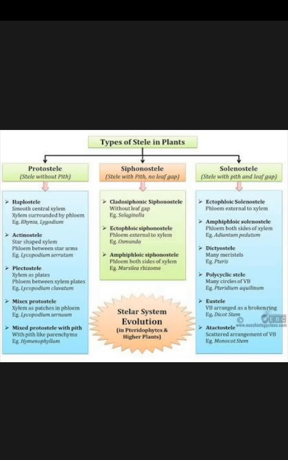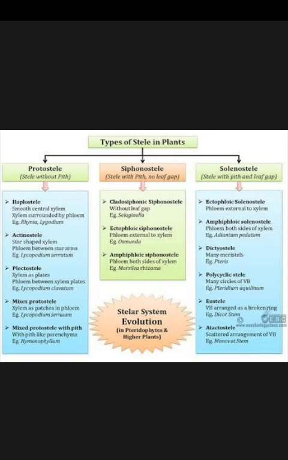The third one is solenostele, which is the most advanced version of the stele. They are further classified into different subclasses: ectophloic solenostele, phloem external to xylem, and amphiphloic solenostele. Students, be sure and don't get confused between ectophloic siphonostele and ectophloic solenostele.